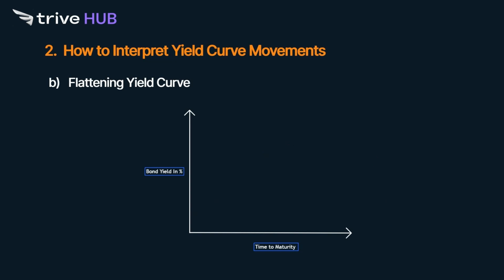The next one is the flattening yield curve. A flattening yield curve shows that long-term and short-term interest rates are about the same and the economy is in some kind of uncertainty. It is waiting for a recovery or a slowdown. It's a middle phase between the steepening curve and the inverted curve. The inverted curve looks like this. It shows that short-term yields are higher and long-term yields are much lower.